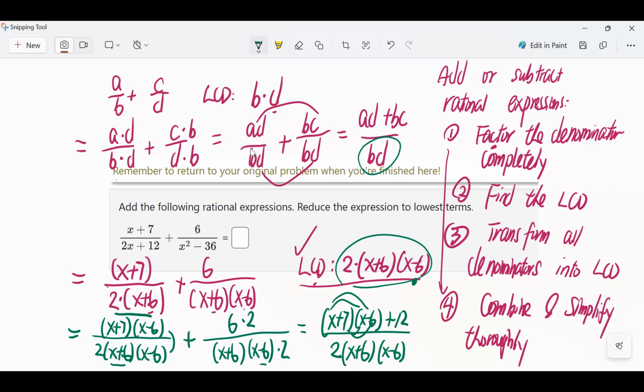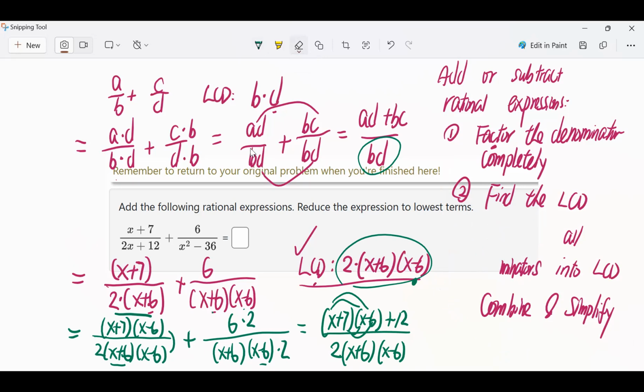I guess I will erase some of this. We don't need that anymore. Then combine, simplify, right? And that's the final step.